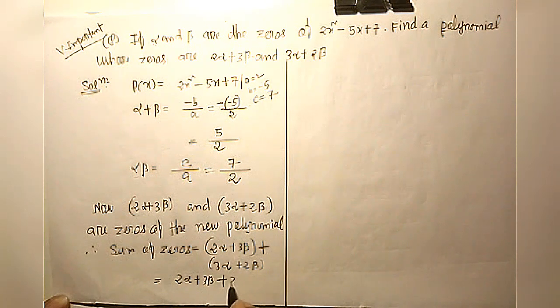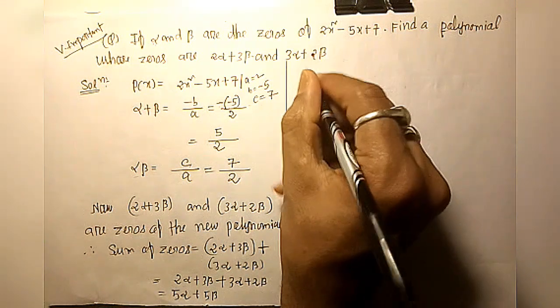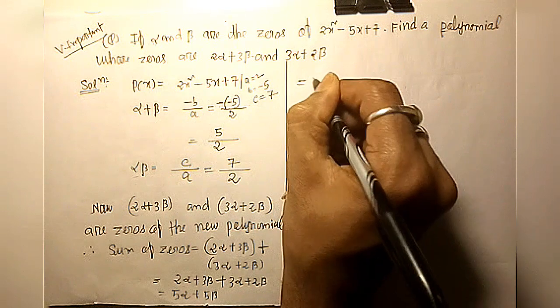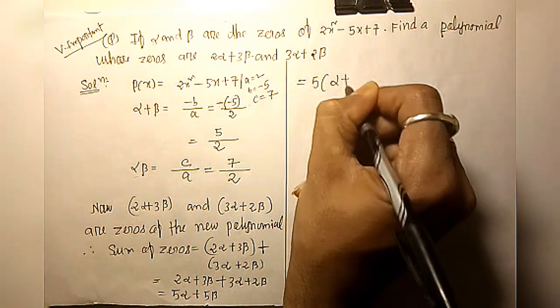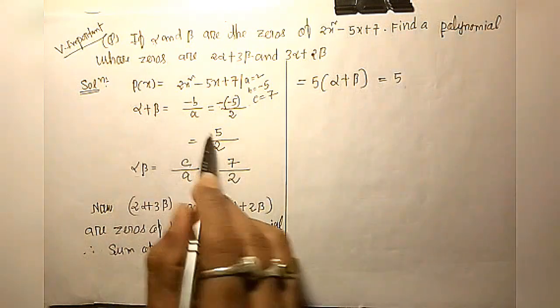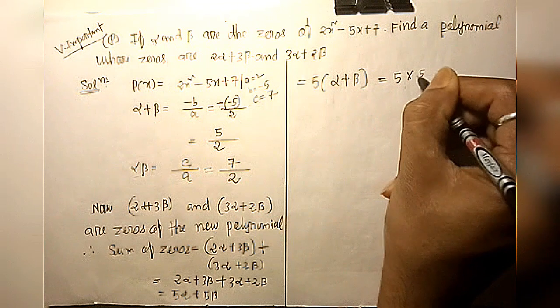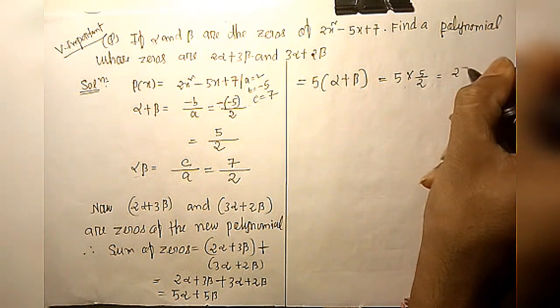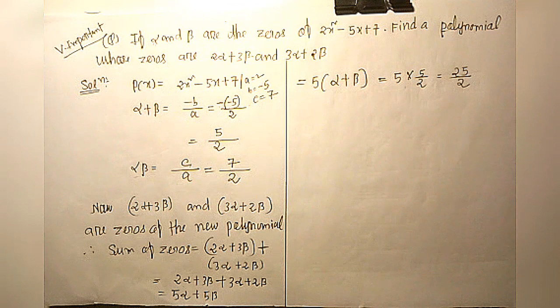So it's 5 alpha plus 5 beta. Taking 5 common, 5 times alpha plus beta, and alpha plus beta means 5 by 2. So 5 into 5 by 2 is 25 by 2. This is the sum of the zeros of the new polynomial.